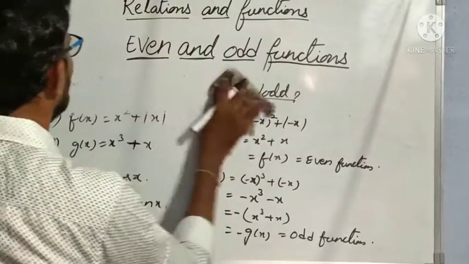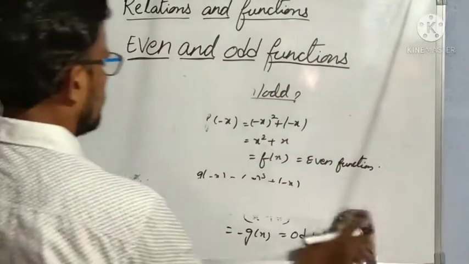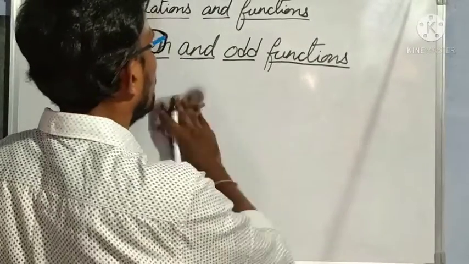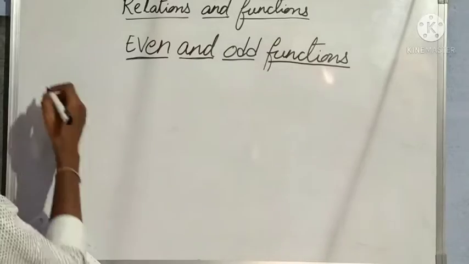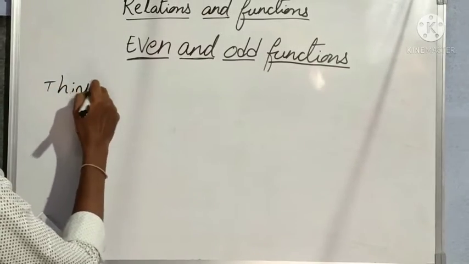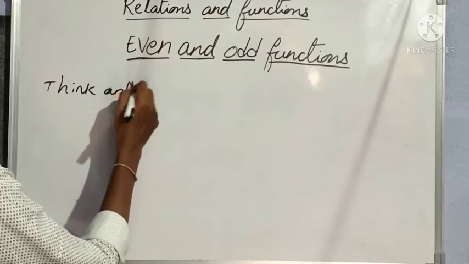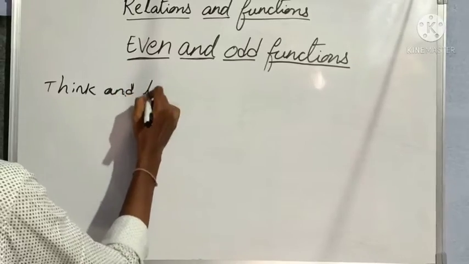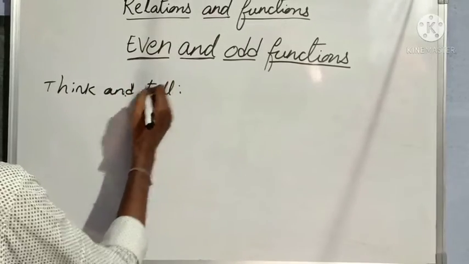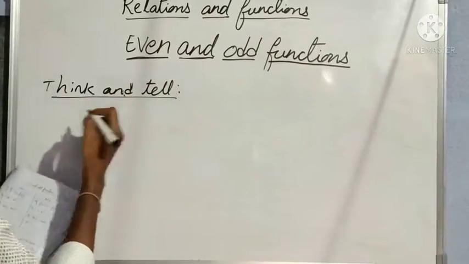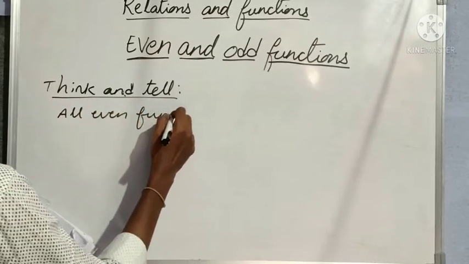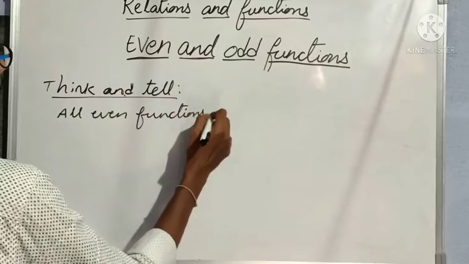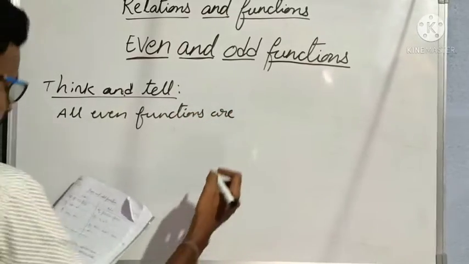Next, I want an answer to this question from everyone, and mention your answer in the comment section. So think and tell. Your question is: all even functions are always many one.